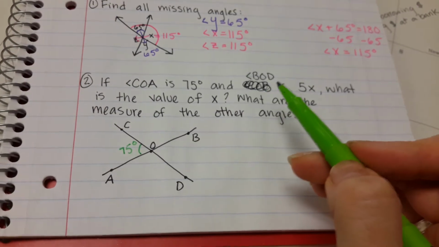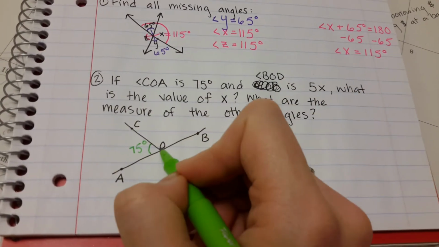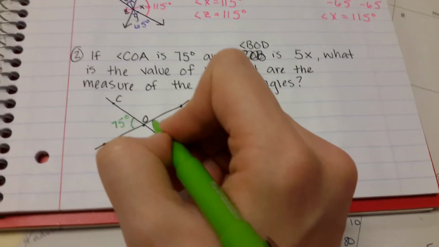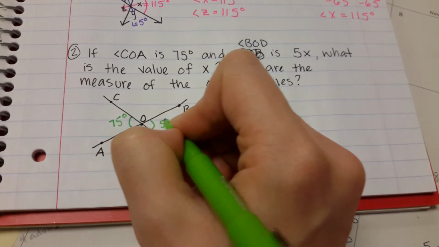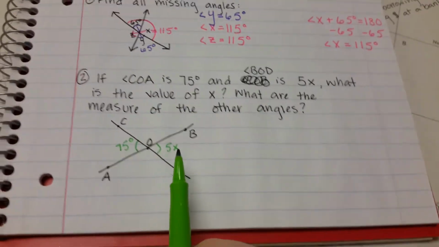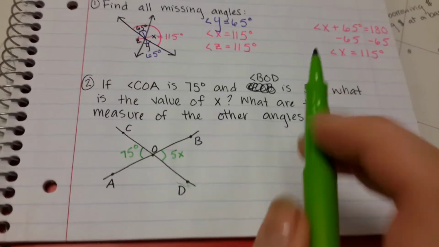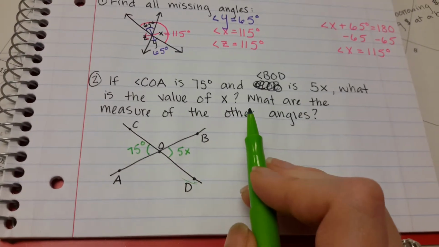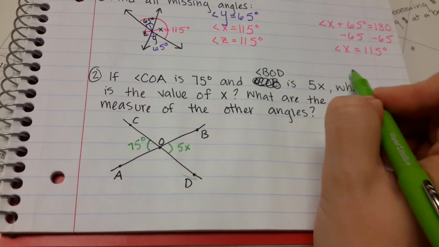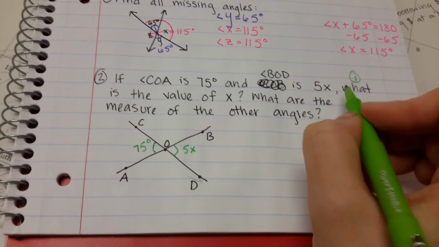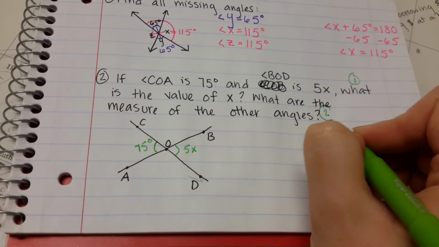And angle BOD is 5x. That looks a little different, but let's just keep going. What is the value of x? So there's one question. What are the measures of the other angles? There is a second question.